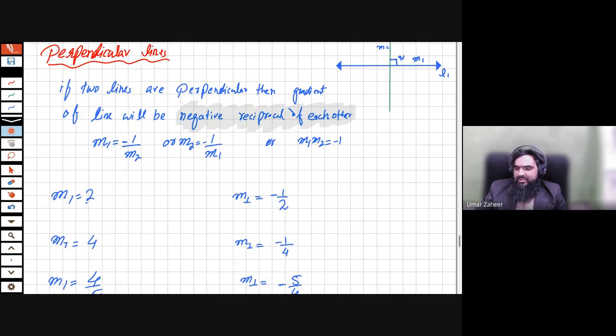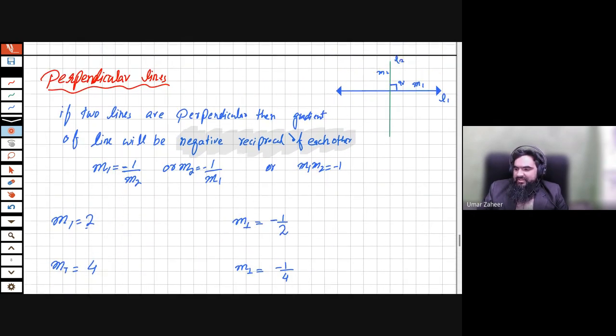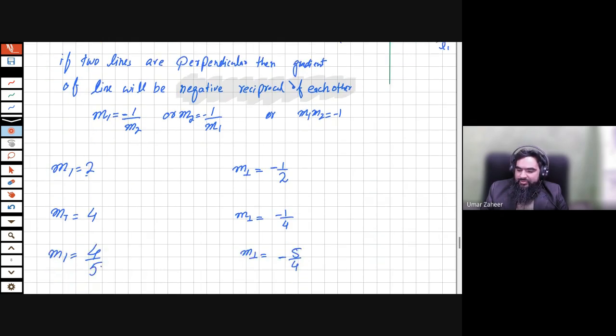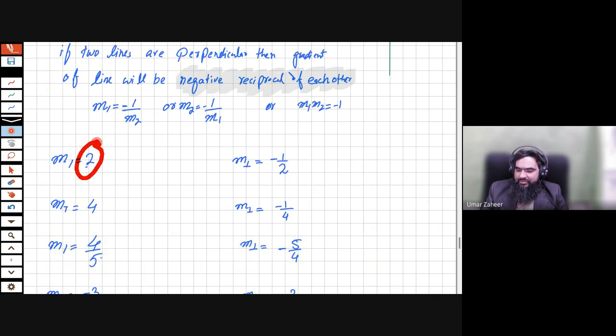Then the perpendicular lines. If you have two lines and they are perpendicular, and we need to find the gradient, the gradient of one line is the negative reciprocal of the other. For example, if the gradient of one line is 2, the other line will be negative 1 over 2. If the gradient of one line is 4 over 5, the other is negative 5 over 4.